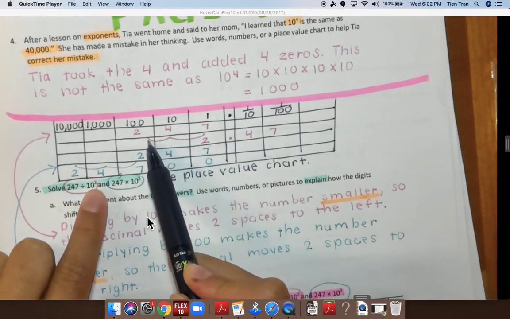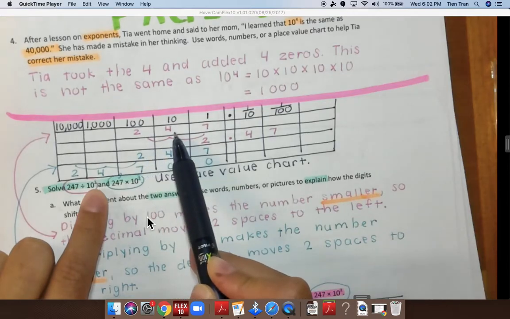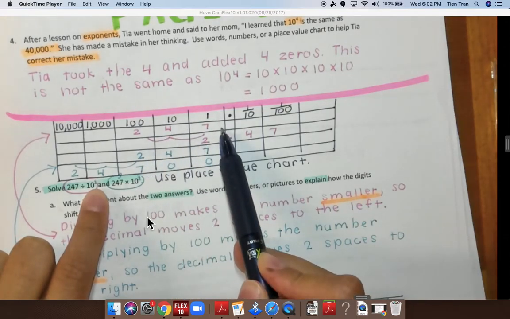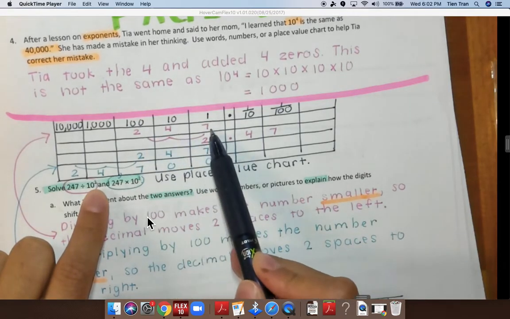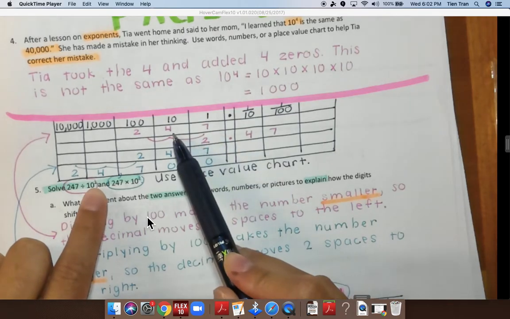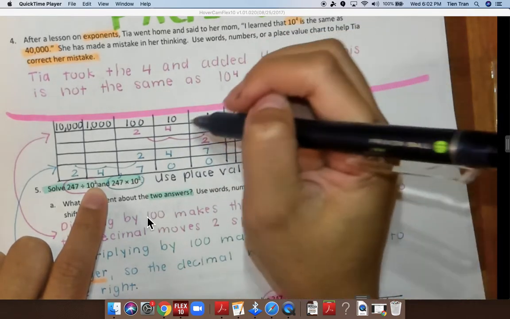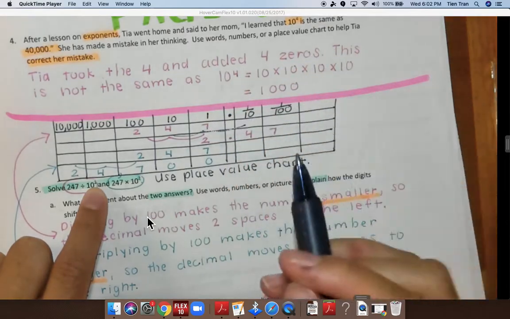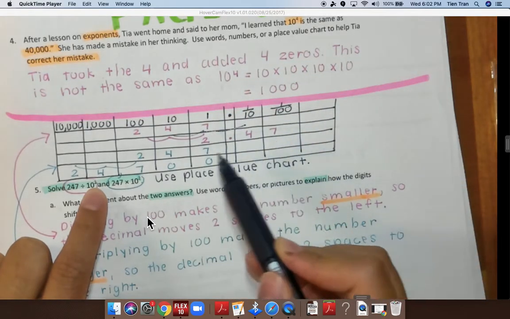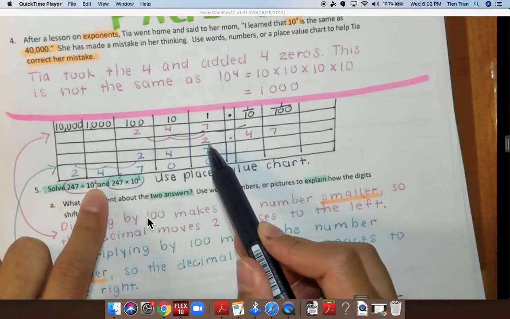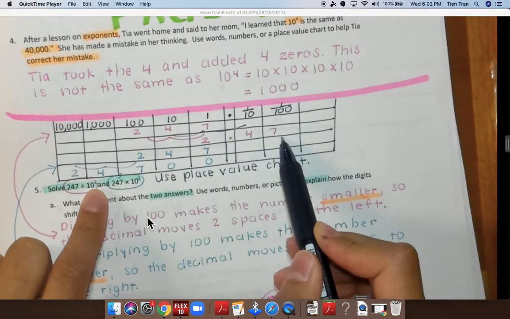That means that I'm going to move my numbers 2 place values over. So I move 2 over 1, 2, and I put my 2 here. My 4 over 2 times, 1, 2, and my 7, same thing, 1, 2. That's why my new answer is going to be 2 and 47 hundredths, okay?